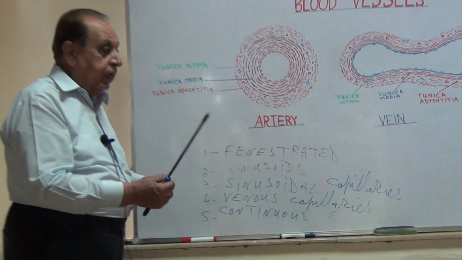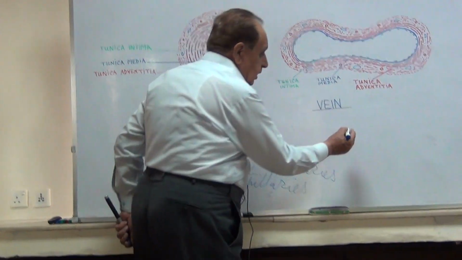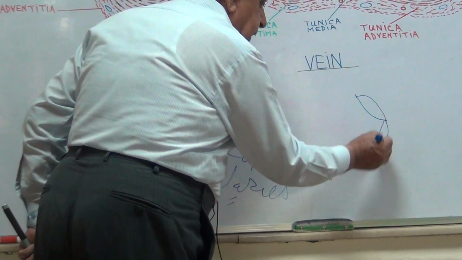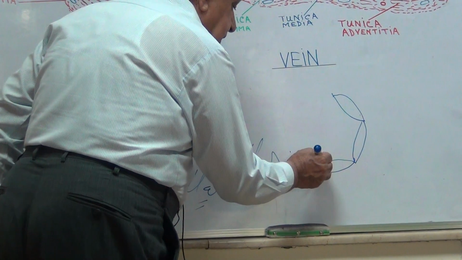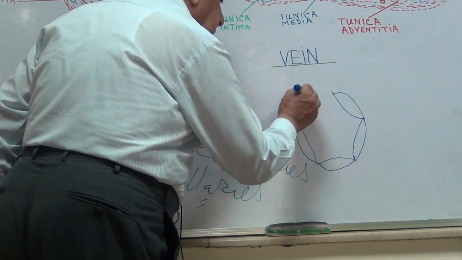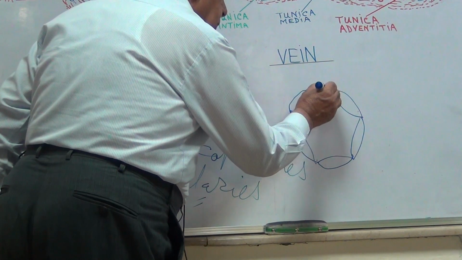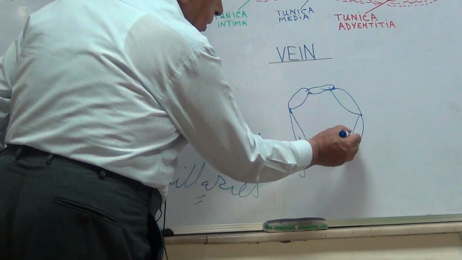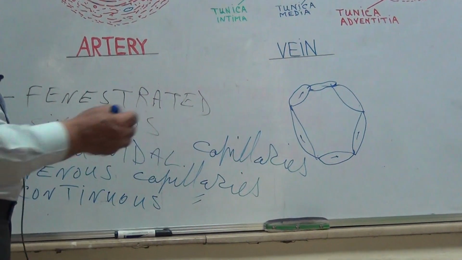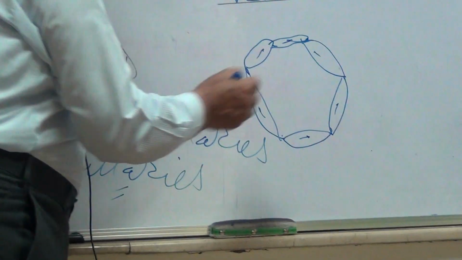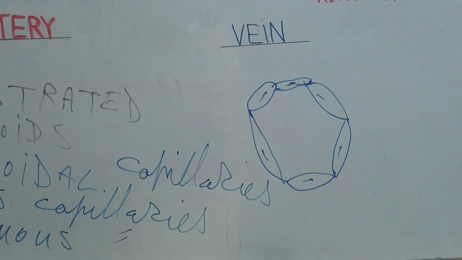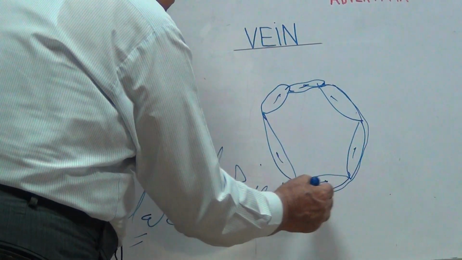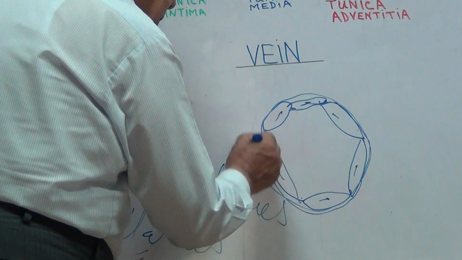Now the capillary has flattened cells, these are the squamous cells, and they rest on the basal lamina.